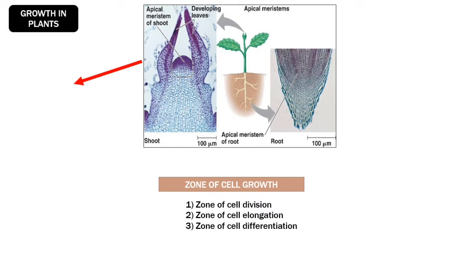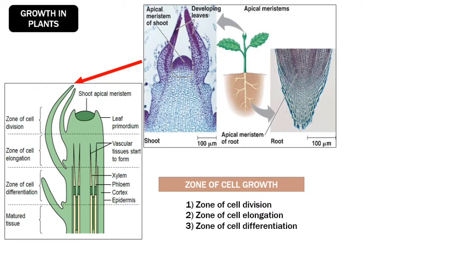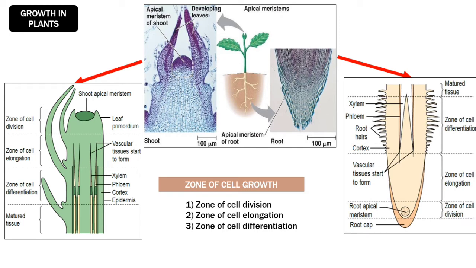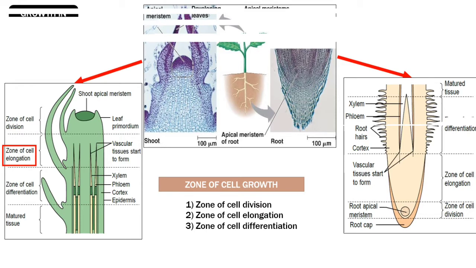So this is the picture of apical meristem of shoot. And then this is the picture of apical meristem of root. And then the location of zone of cell division at the shoot. And then the location of zone of cell elongation.